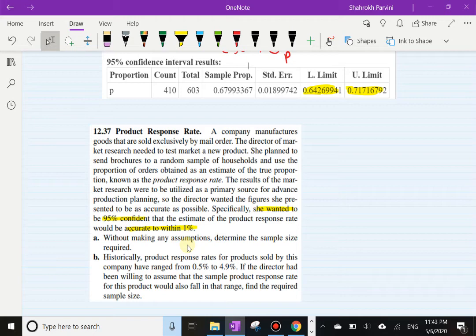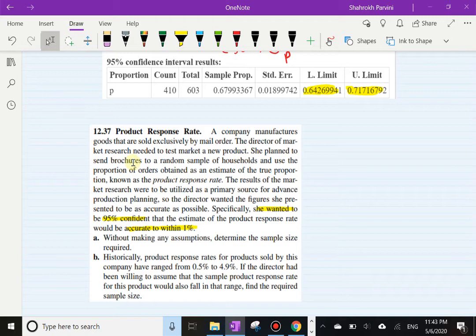Now, exercise number 37 reads: a company manufactures goods that are sold exclusively by mail order. The director of market research needed to market a new product. She planned to send brochures to a random sample of households and use the percentage of orders obtained as an estimate of the true proportion.